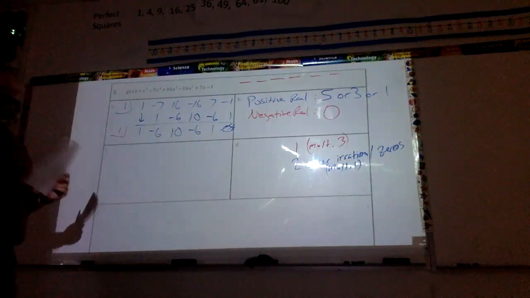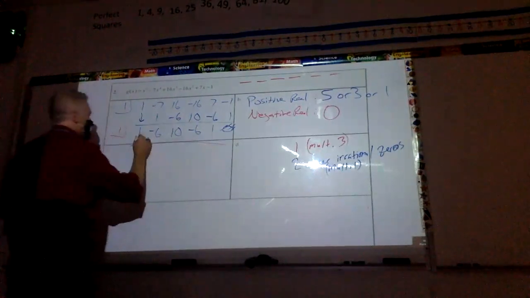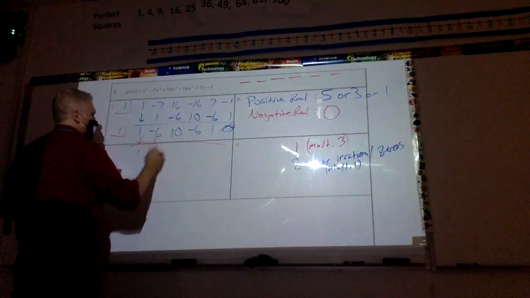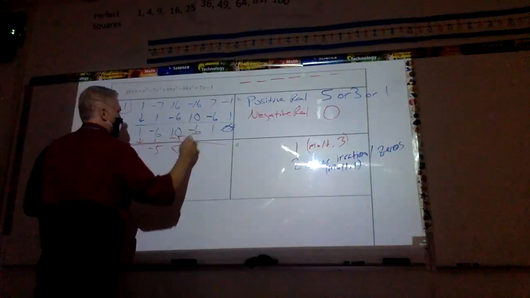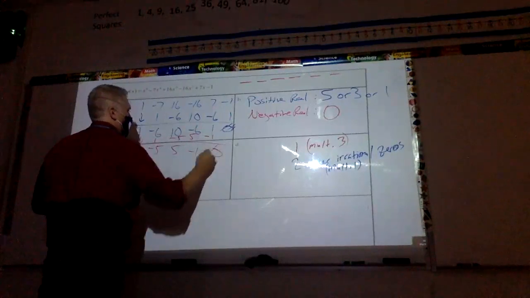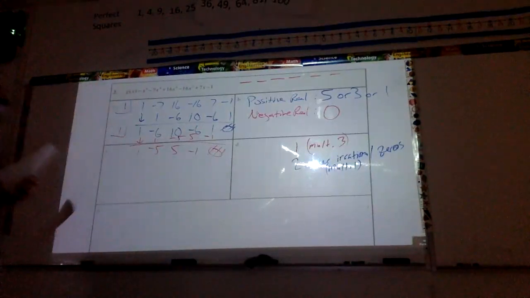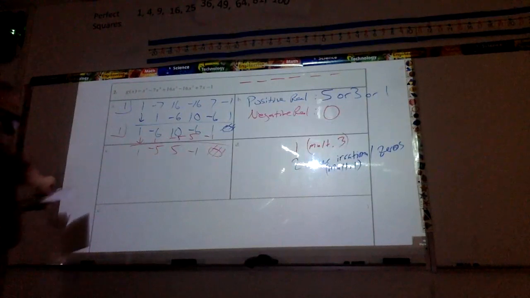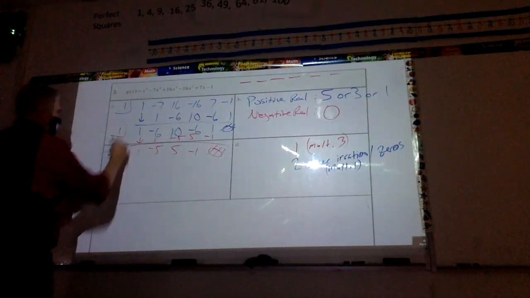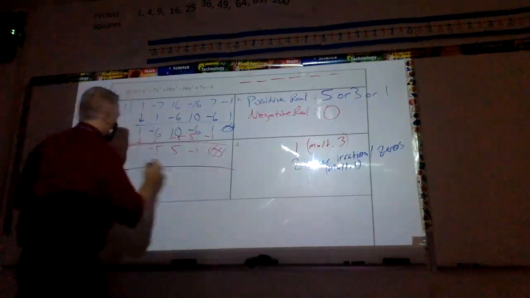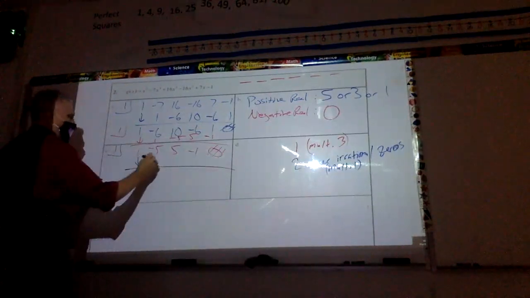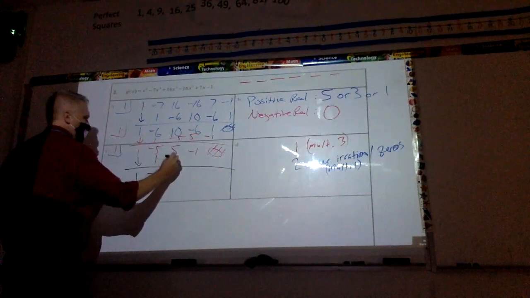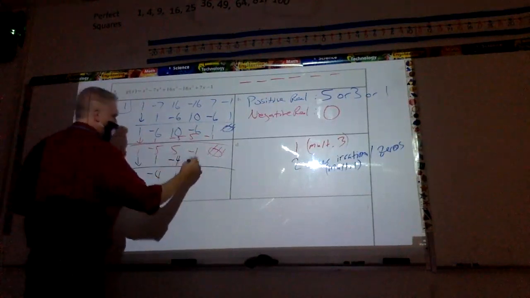Okay, let's do the second one. Bring it down. The second one brings us down to x cubed. Now we'll take the third one, and we multiply, and we add, and we multiply, and we add, and we multiply, and we add.